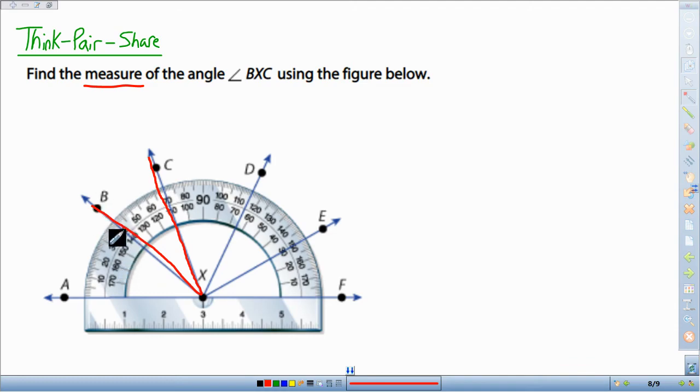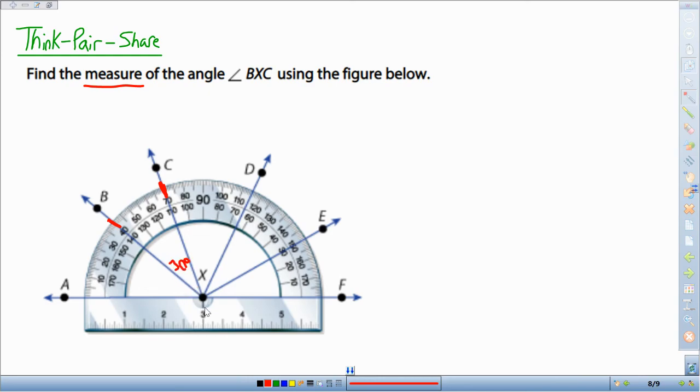This angle goes from 40 degrees on my compass to 70 degrees on my compass. So what's the measure of this angle? Well, we can just count it. 10 degrees, 20 degrees, 30 degrees. So this thing would be a 30-degree angle.